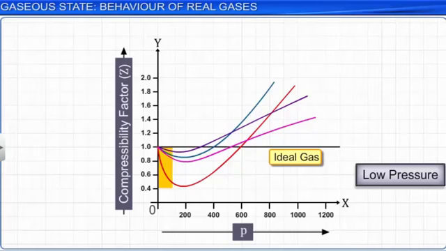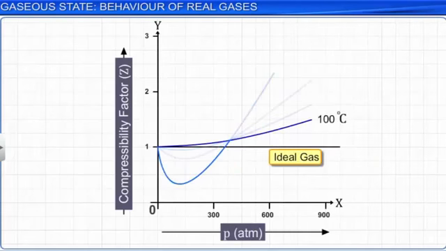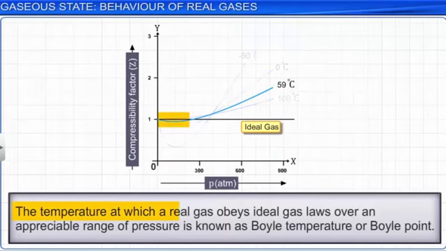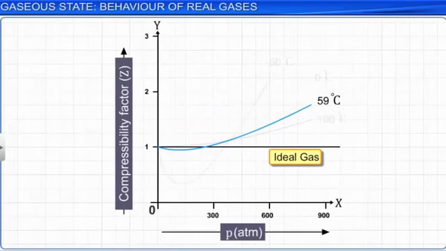The graph shown here depicts the effect of temperature on the deviations shown by a nitrogen gas. The temperature at which a real gas obeys ideal gas laws over an appreciable range of pressure is known as Boyle temperature or Boyle point. The Boyle point depends upon the nature of the gas. The Boyle temperature of nitrogen is 332 Kelvin.